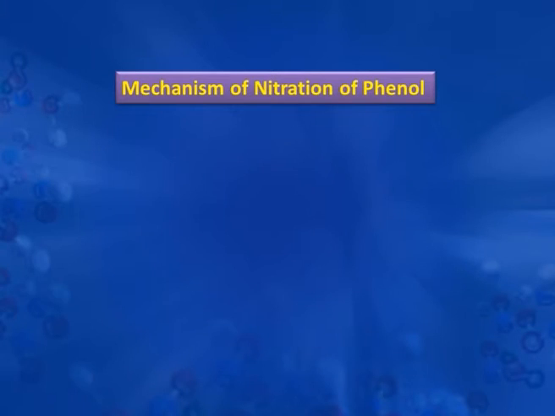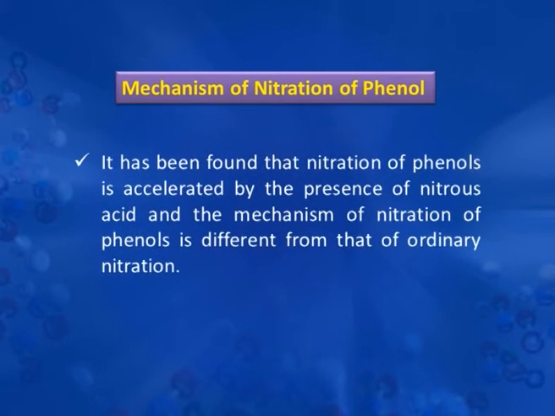We will now discuss the mechanism of nitration of phenol. It has been found that when phenol undergoes nitration, the yield under normal conditions is very poor, but if we use nitrous acid with nitric acid, then the yields are good.